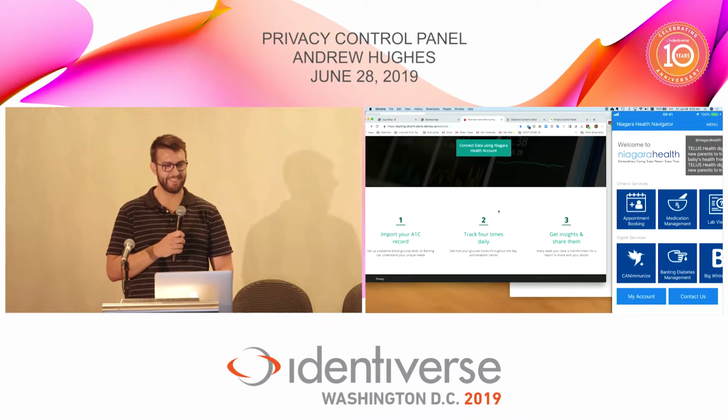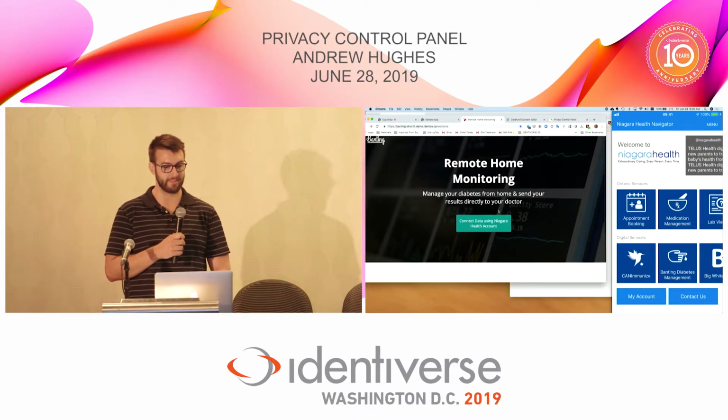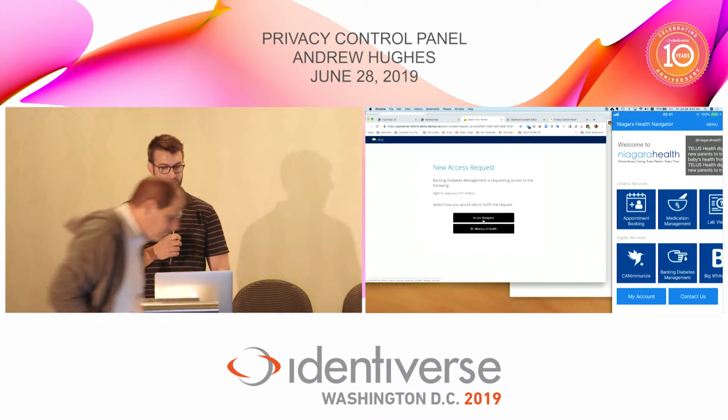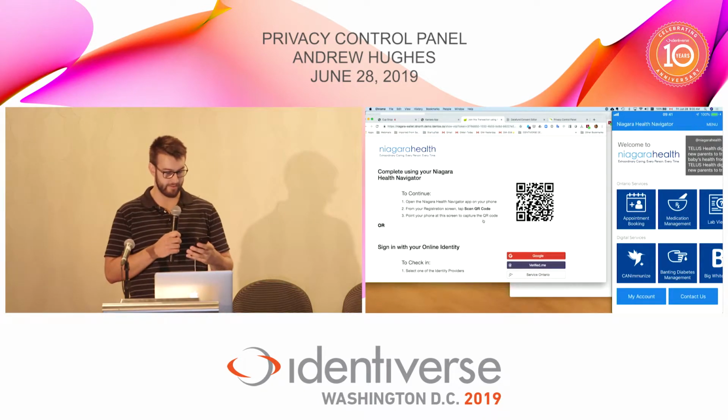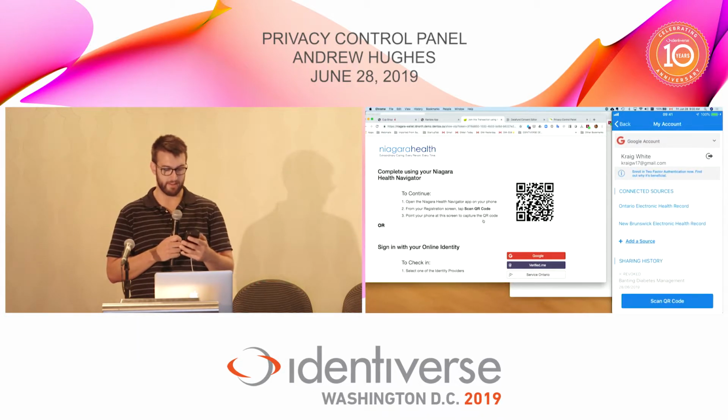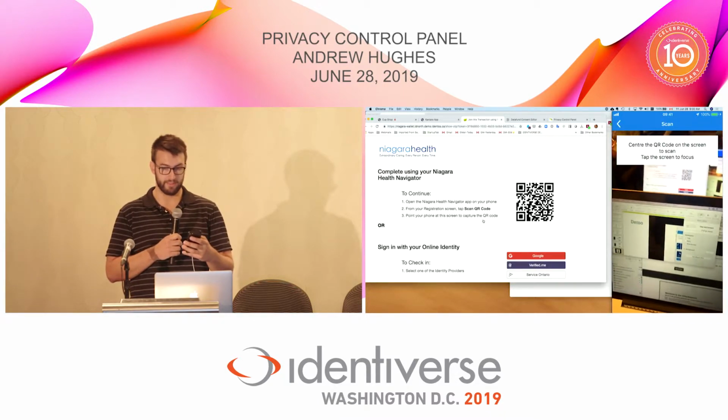Import your A1C history. They're going to help you manage your diabetes, maybe give you meal plans. So you want to connect your data using your navigator. There's the ability to have multiple wallets here. So you've seen flows like this before, where I open my wallet, I see that I've connected to my Ontario and New Brunswick electronic health records. Maybe I moved recently.